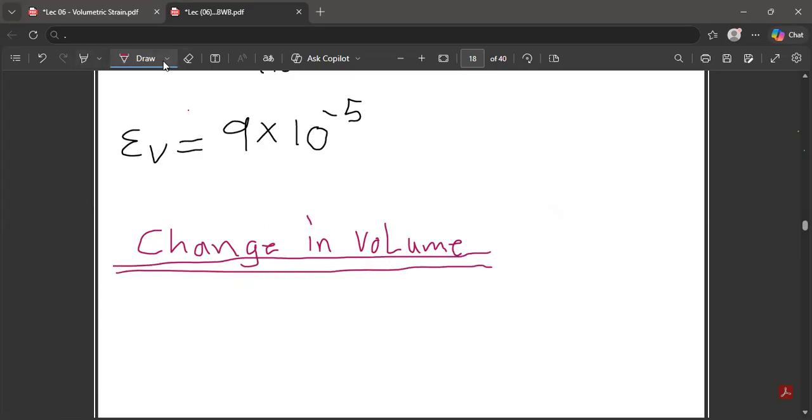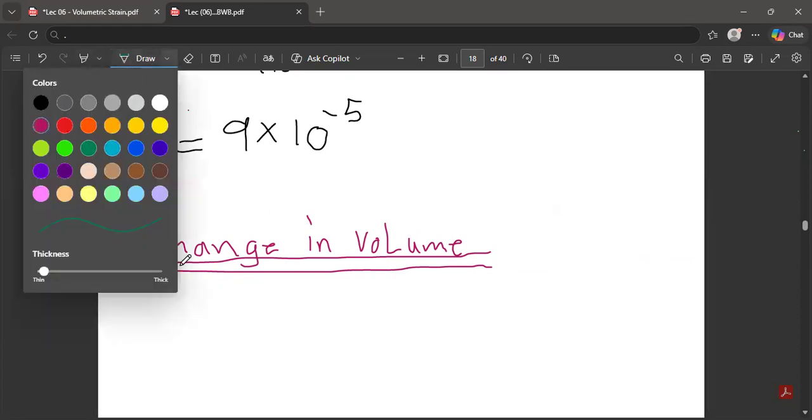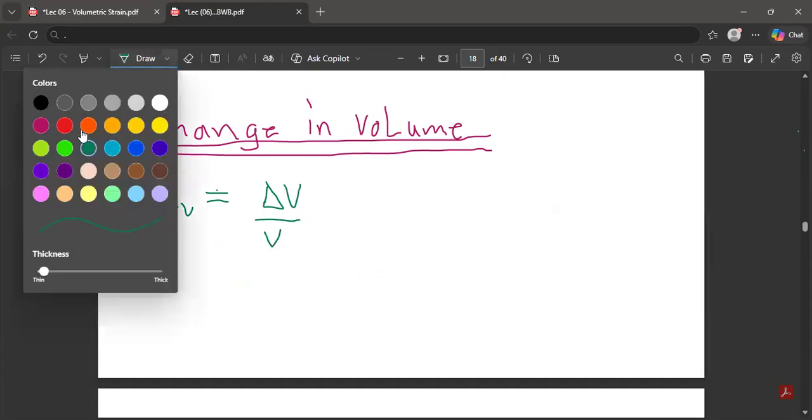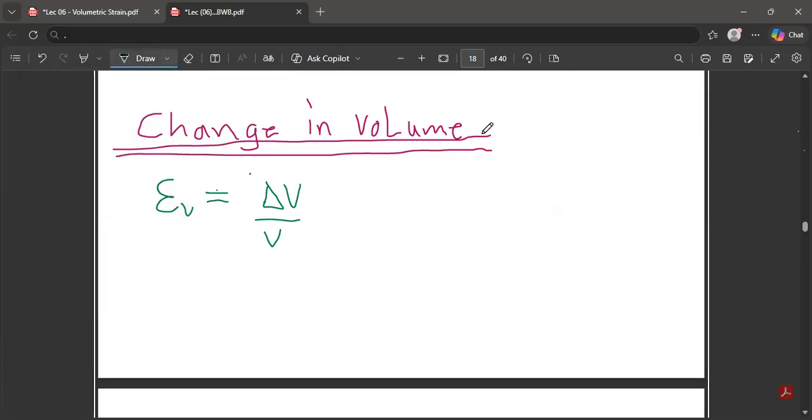We said somewhere that the volumetric strain also has a formula of change in volume over original volume. So if you want to calculate the change in volume, then we just have to make change in volume the subject. Take note that this is change in volume over here, that is delta V. Don't get confused.